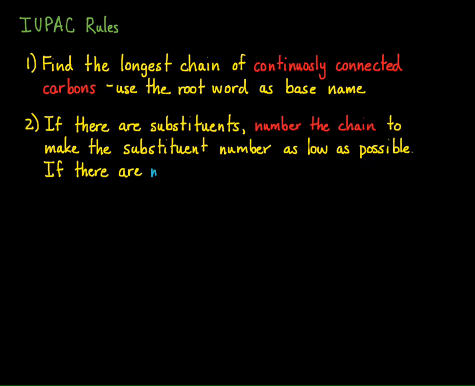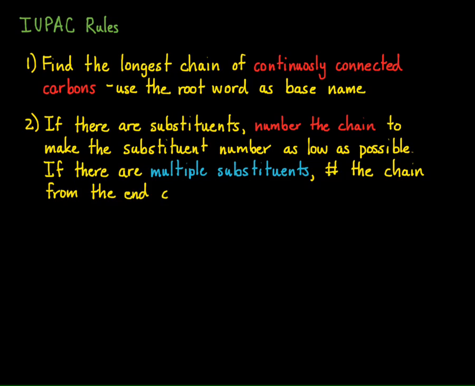If there are multiple substituents, then you number the chain from the end closest to the first substituent. That's the easiest way that I can describe it to you, right? You're not trying to find the lowest sum of substituents. You want to find the lowest first substituent.